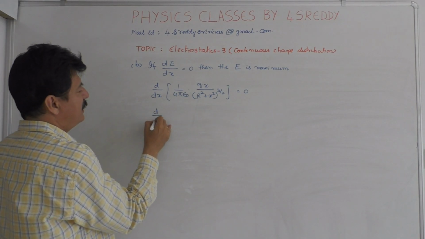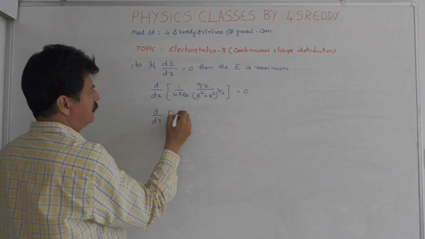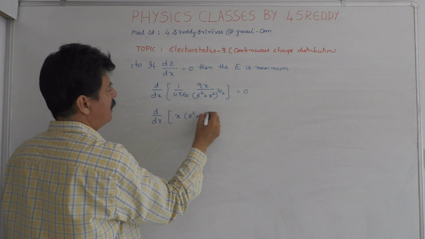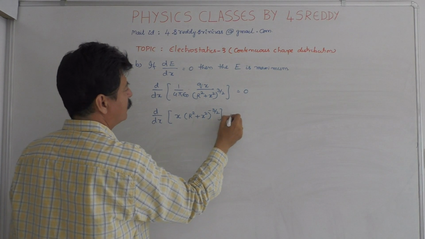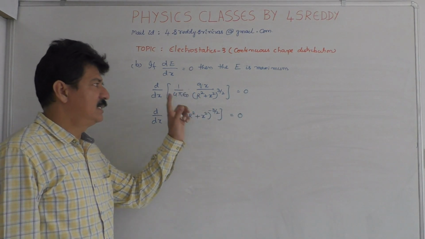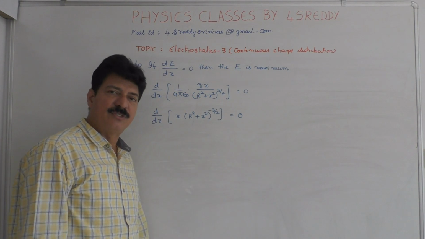Or d by dx of x into (r square plus x square) whole power minus 3 by 2, because q by 4 pi epsilon is constant, that is taken out, and the other side becomes 0.